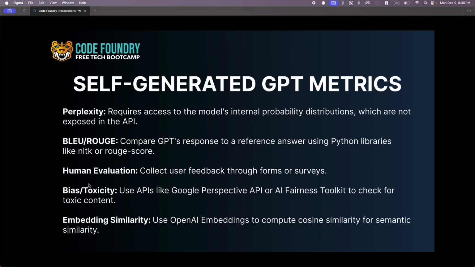Bias and toxicity, you can use APIs to check for toxic content or biased content. And then embedding similarity, this is using OpenAI embeddings to compute cosine similarity for semantic similarity.